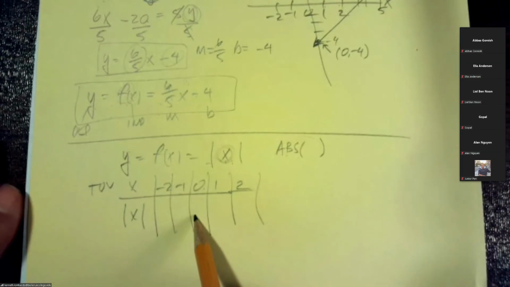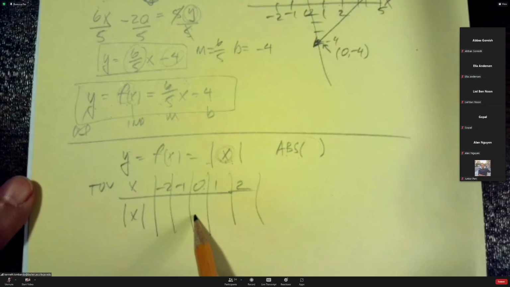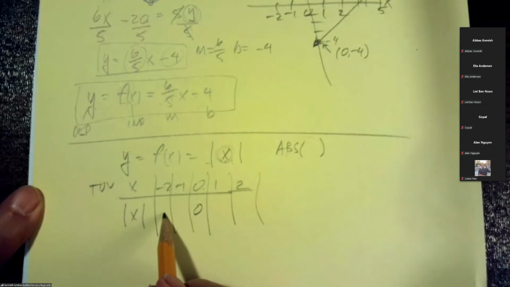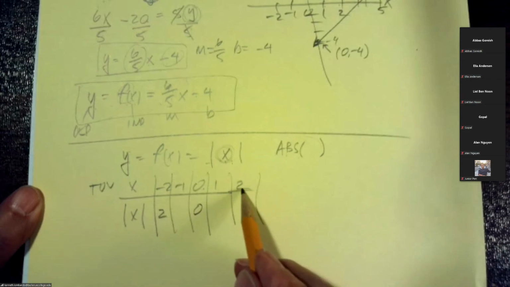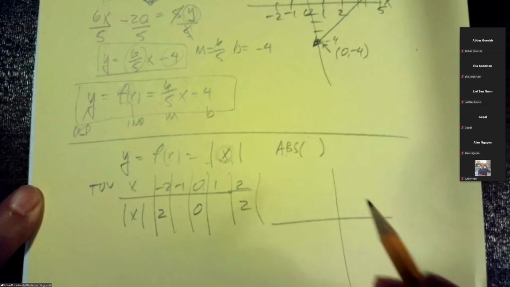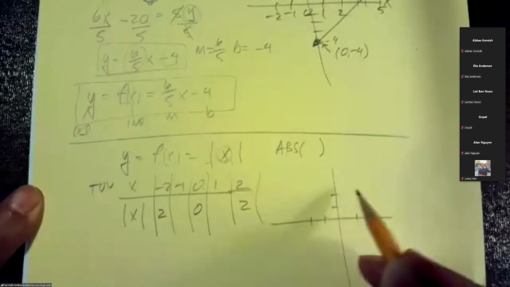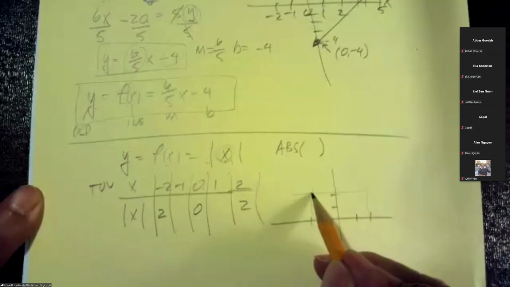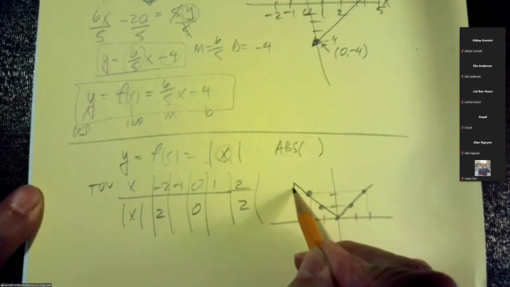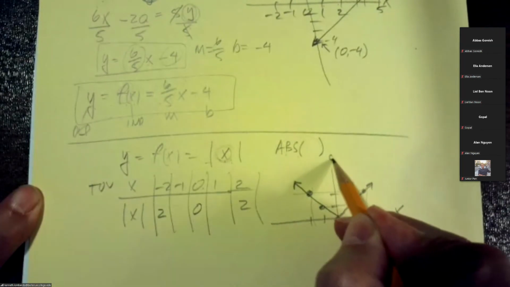Any new volunteers can help us out? 0. If x is -2, 2, and +2, 2. Okay, so if we were to plot this thing, 1, 2, 1, 2, 1, 2, so it looks like it's going to be here and here and here and here and here. So it looks like we're going to have something that looks like that.